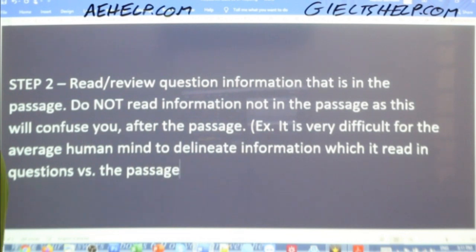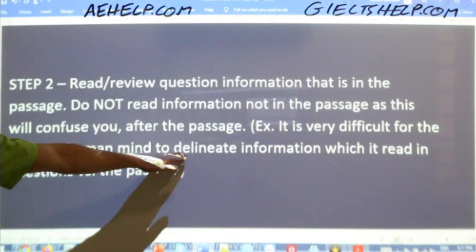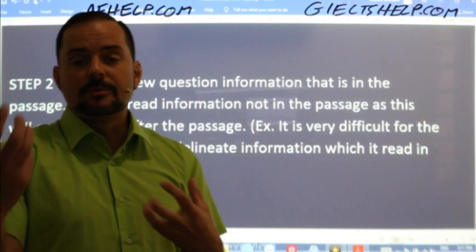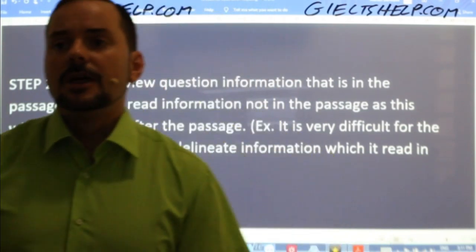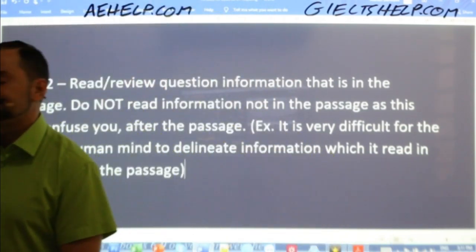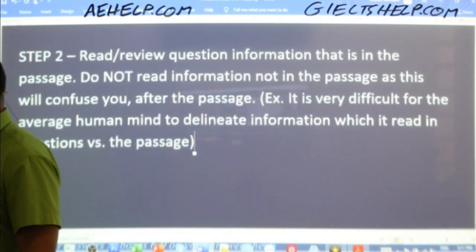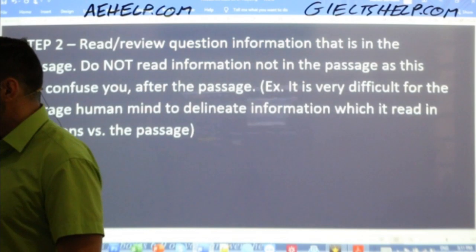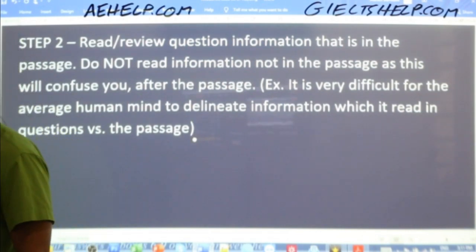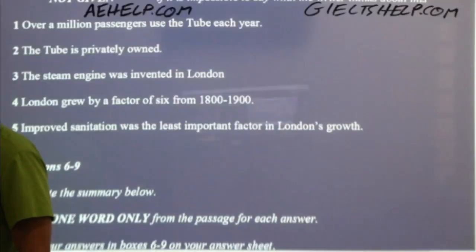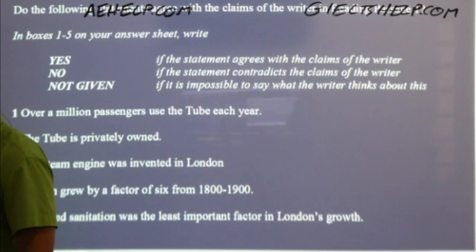Okay? So delineate means to differentiate here, to separate the information, all right? Okay, so it is very difficult to do that, all right? So don't read information that's not in the passage. All right, so yes, no, not given, don't read it.